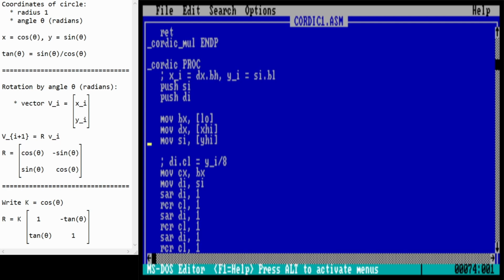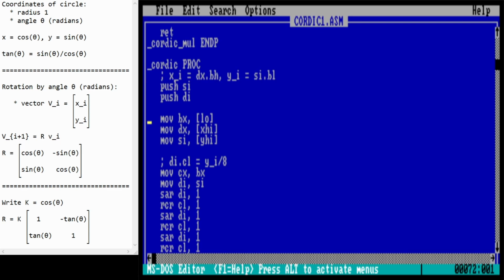And so these three lines are going to load those from the global variables in the data segment into registers. And we'll have xi in dx.bh and we'll have yi in si.bl. And I've just written that up here just to remind ourselves exactly where everything is.